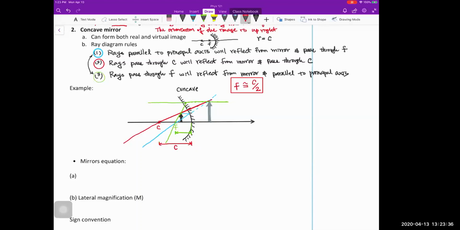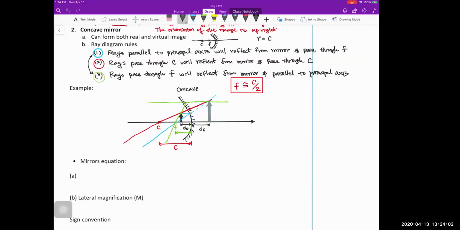We also have the location of the object. So the location of the object is the distance from the object to the mirror. So this is your DO. And you can also find the location of the image, which will be on the back of this one here. This is represented as the DI.